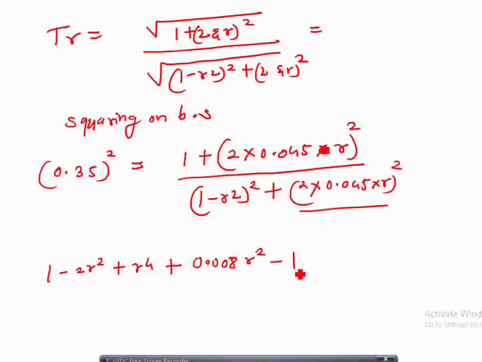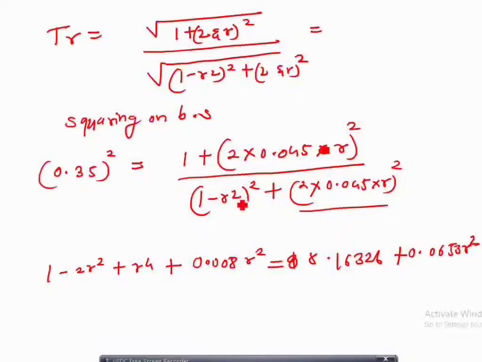After the cross multiplication and solving the brackets, we are getting this equation: 8.16326 plus 0.0653 R square.